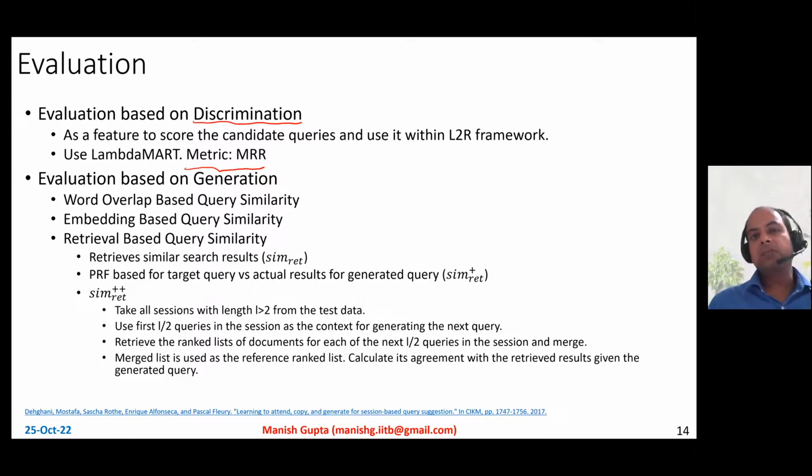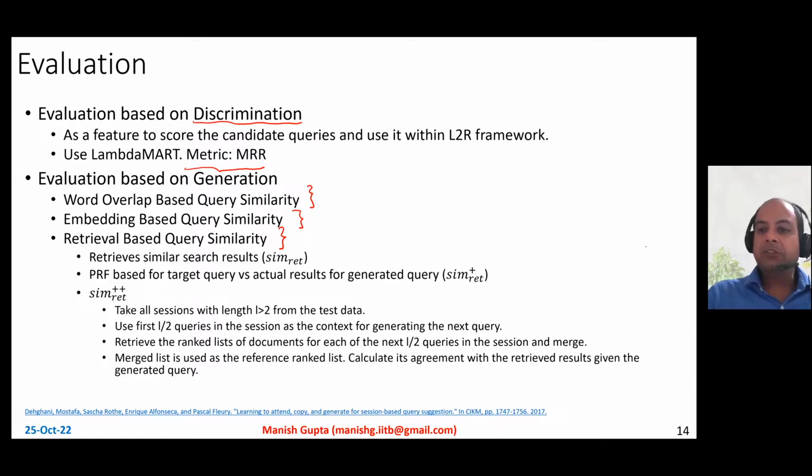The other way of using this model is as a generative model, where you try and come up with various words, and then the evaluation is based on word overlap with the actual ground truth query, embedding based similarity with the actual ground truth query, or retrieval based similarity with the actual ground truth query.